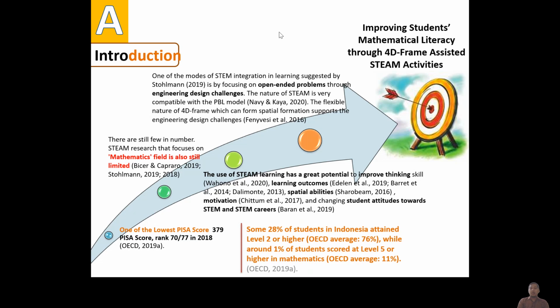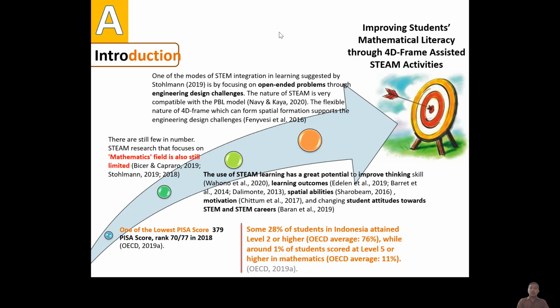When we reviewed the literature, the use of STEAM learning has great potential to improve thinking skills, learning outcomes, spatial abilities, motivation, and to change student attitude toward STEAM and STEAM careers, based on previous studies.